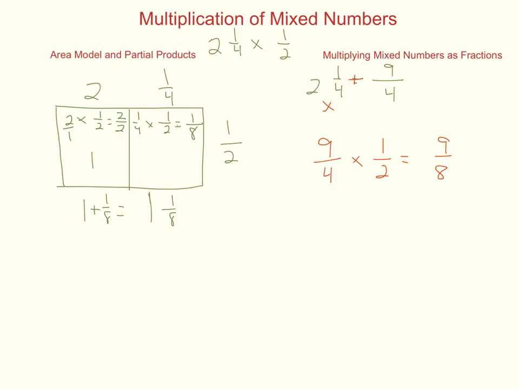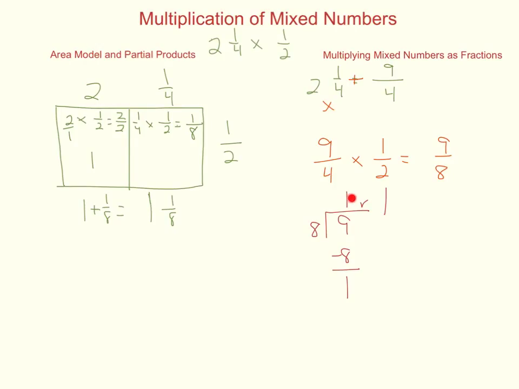To turn it into a mixed number, we'll take our 9/8 and make it a division problem, because fractions are division problems. 9 divided by 8 is 1. 1 times 8 is 8. Subtract and we get 1. So we have 1 remainder 1.